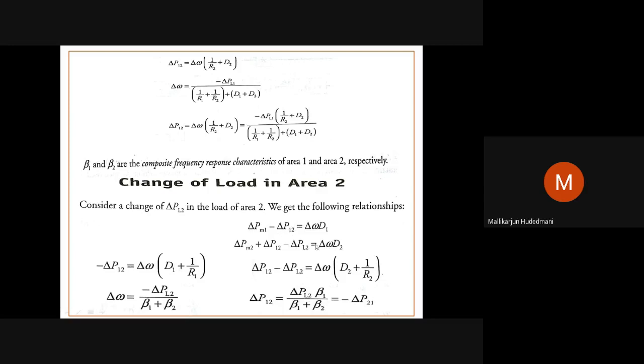Again, from substitution of these things in the respective equation, I can obtain this. Or else, very simply, we can just consider these in the respective substitution back and get it. So this is about a change in area 2, how the power flow occurs and what deviation is noticed in that area.